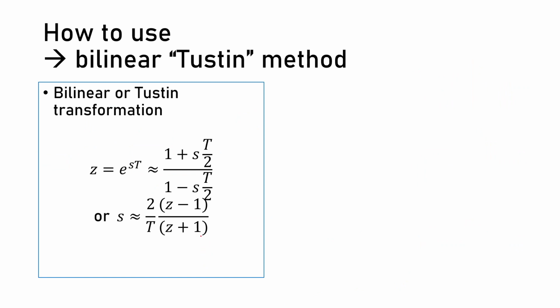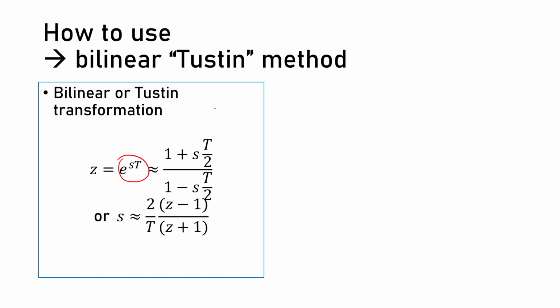Another way to use approximation to transform the transfer function from continuous to discrete, you can also use the bilinear or Tustin transformation by approximating e to the sT by this term. So how can you get this approximation?